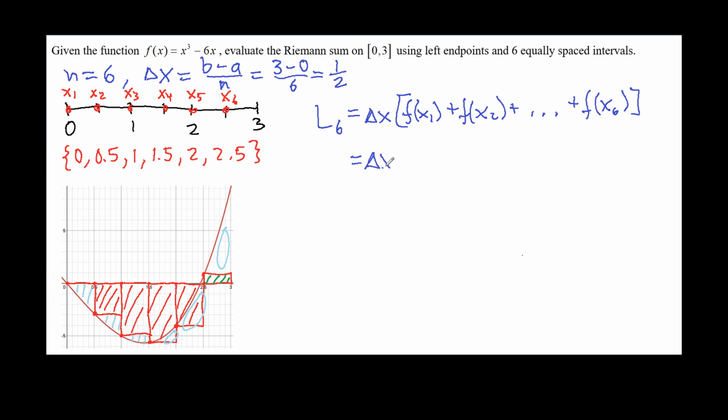Then we substitute this with our partition points. So this is f at 0 plus f at 0.5 and so on. Let's just denote the last one, f at 2.5.